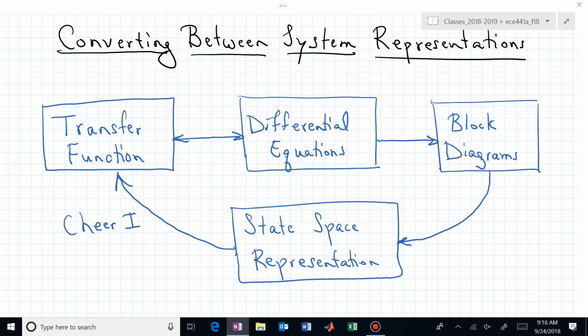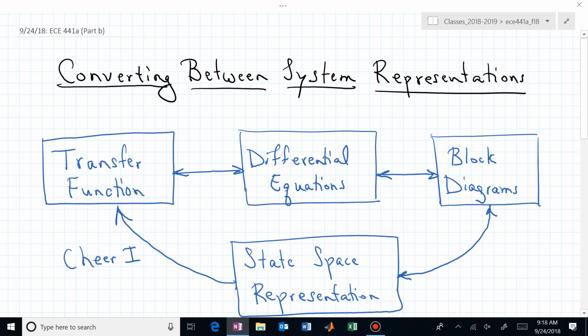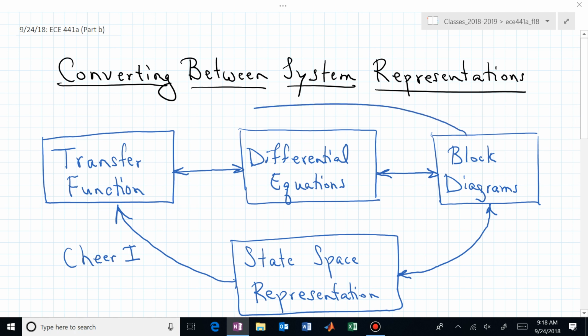You can put those as inputs to integrator blocks, and boom, you can build a block diagram from a state space representation. And from the block diagram, you can probably read off the different relationships between those equations to get differential equations. And how do we go here? Mason's gain, or block diagram algebra.